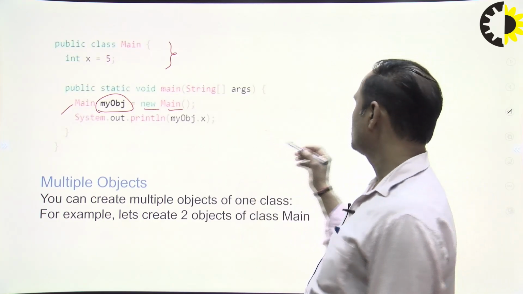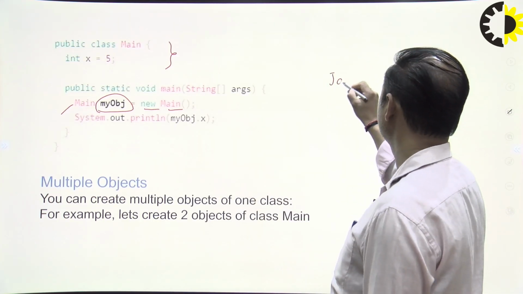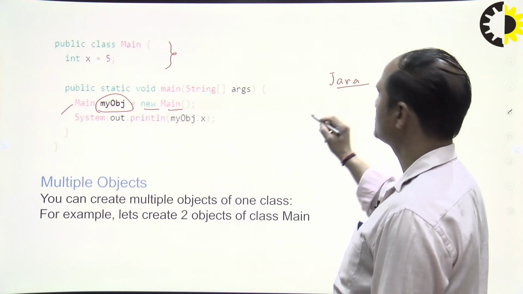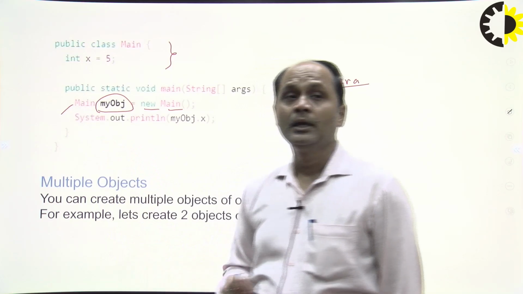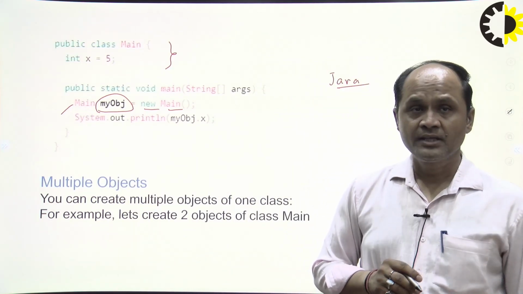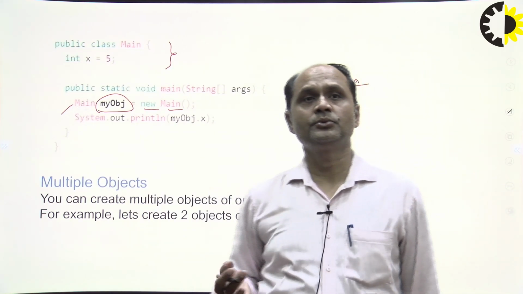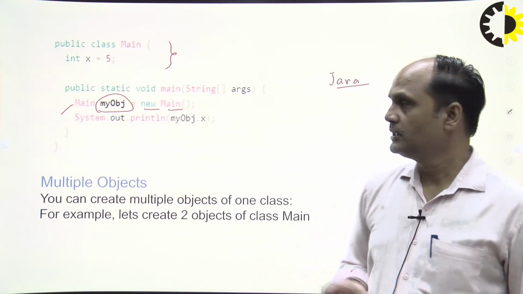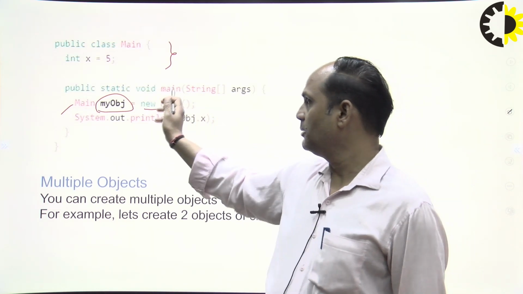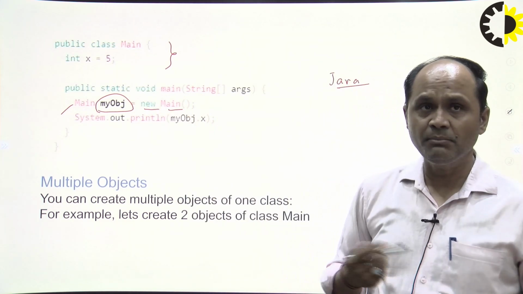In Java, we use the syntax public static void main. Public is the access modifier. Static is a keyword, void is the return type, and main is the main method.